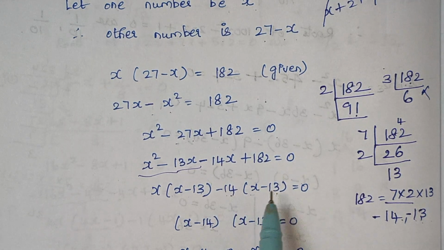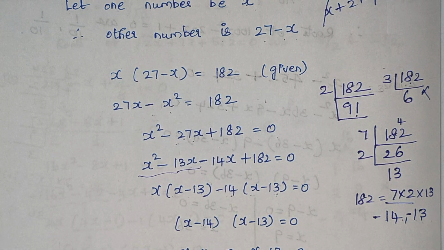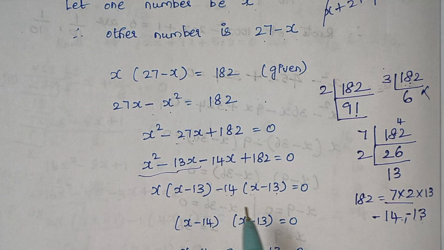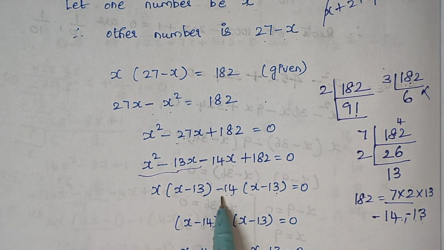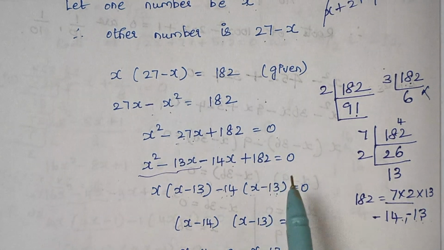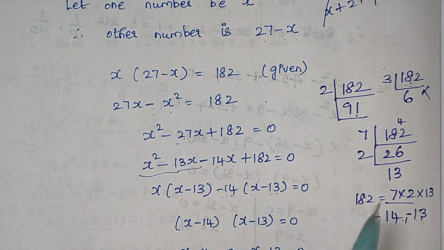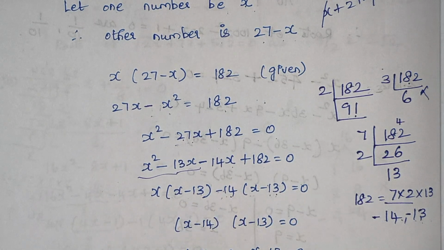After writing these terms, put a plus or minus here; this will help you do it correctly. When you put minus, you have minus 14x, and minus 14 into minus 13 gives you plus 182. Now x minus 13 is common. When you take x minus 13 outside, the remaining factor is x minus 14.